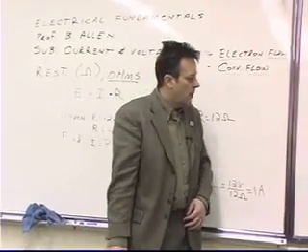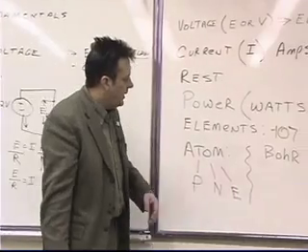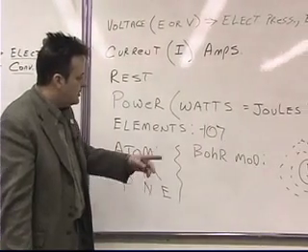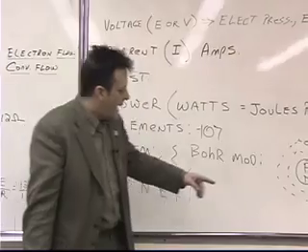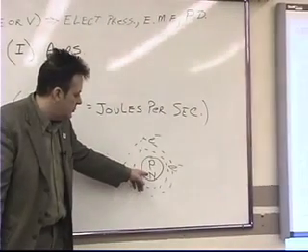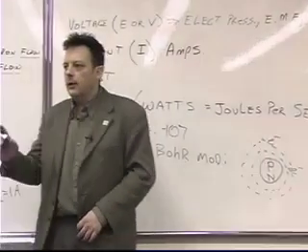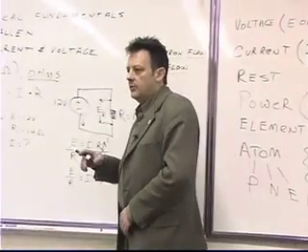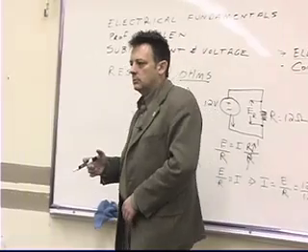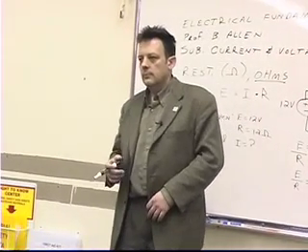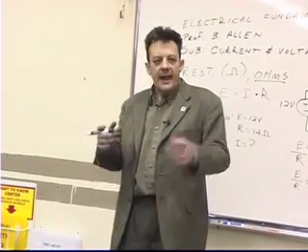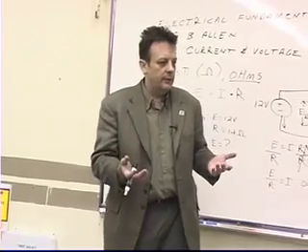Now, what is it that determines how many protons and neutrons and electrons are in a particular particle? The answer is it depends on what element it is.